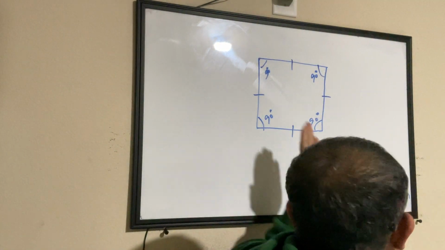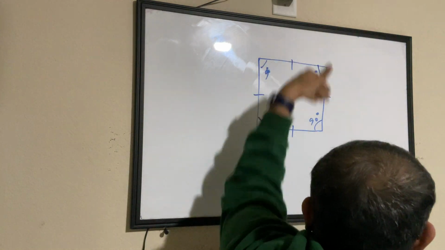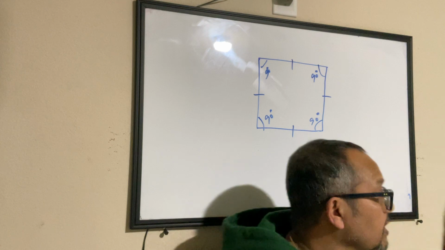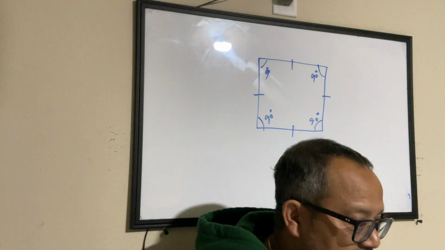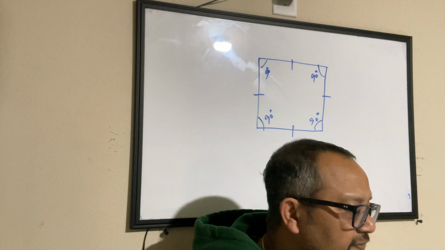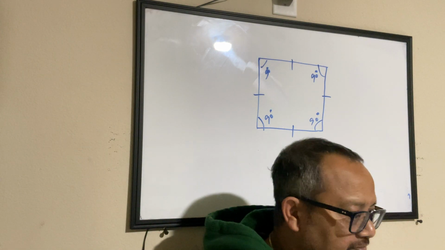Like in the case of a rectangle, your opposite sides are parallel. In the case of square also, the opposite sides are parallel. So if you talk about square, all 4 sides are same, opposite sides are parallel, and all the corners are 90 degrees. That should be more than enough to define a square. Yeah? Alright.